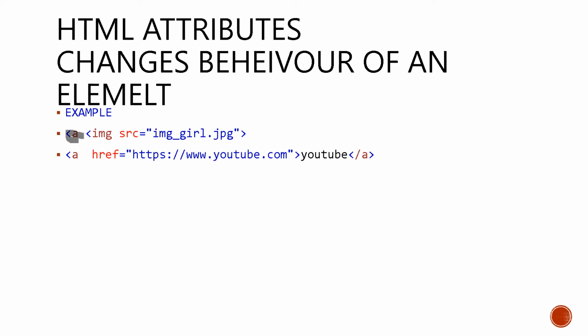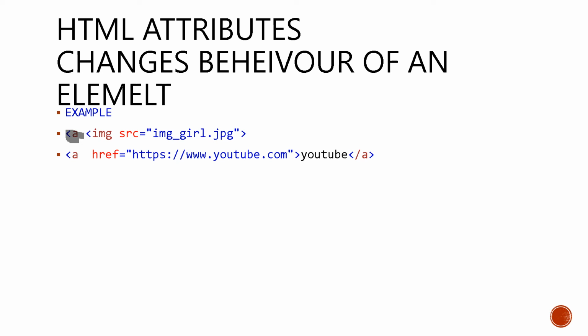HTML attributes and HTML elements. These are the major questions asked by the interviewer when asking about HTML. Now let us see attributes. Attributes in HTML are those which change the behavior of an element.